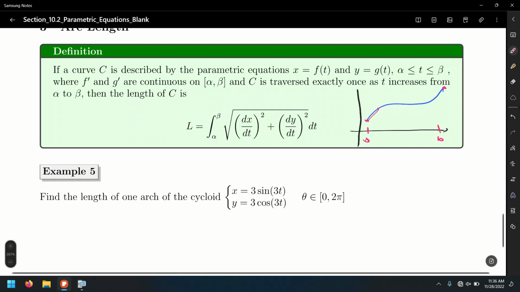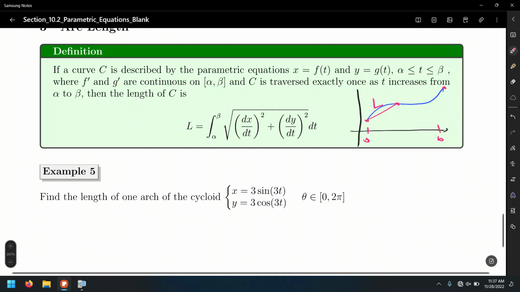We can have this length plus that length and do different partitions, but we can do even more partitions, infinitely many, to get the actual arc length. I'm not going to do infinitely many partitions, of course, so I'm just going to do one representative partition here. My representative partition is just this length, and I'm going to call this L.